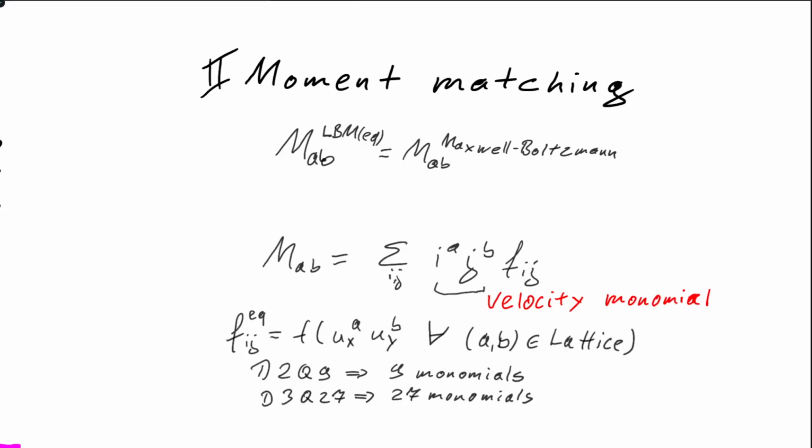So for each independent moment that we have on our lattice, we can add another monomial. This means in the D2Q9 lattice, we would have 9 monomials, and in the D3Q27, we would have 27 monomials. So these are obviously more monomials than we would have with the Taylor expansion.